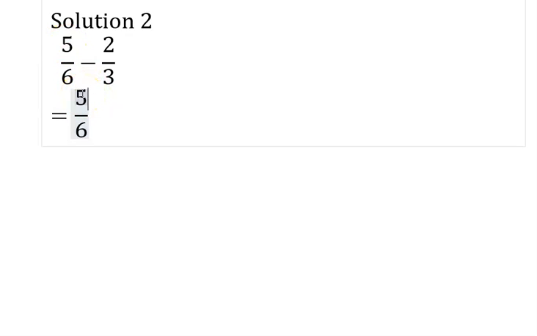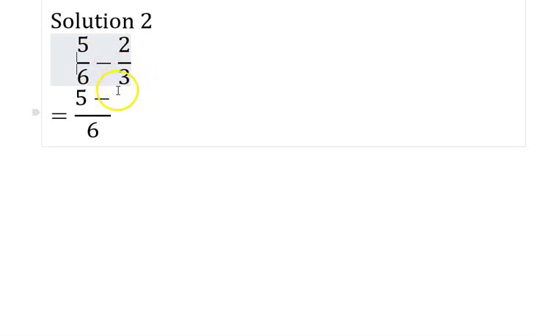Because we are subtracting, how many times will this 3 go in 6? 2 times. 2 times 2 that we have here will give you 4. Awesome.